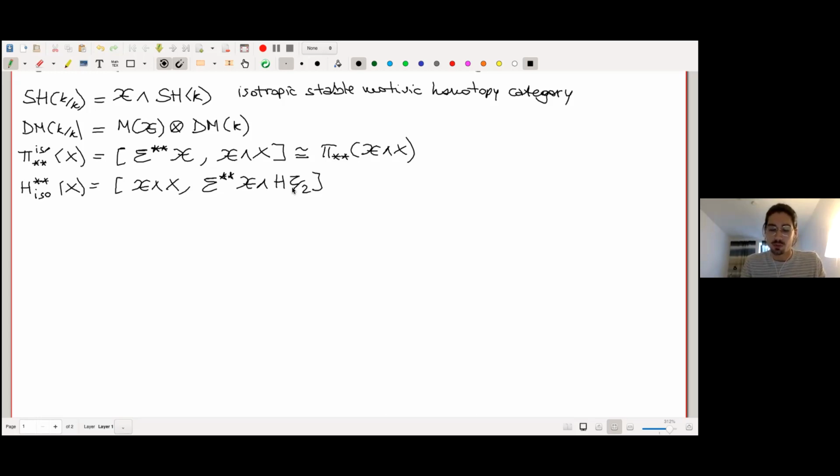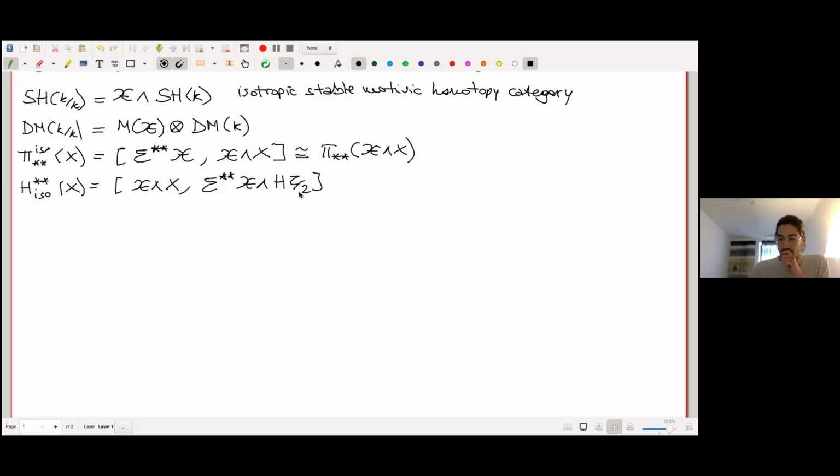If we want to interpret this isotropic category of motives in relation to SH(k) isotropic, it should be the same as the category of chi smash H-Z/l modules, if I understand correctly. Yeah, sounds good. Thanks.